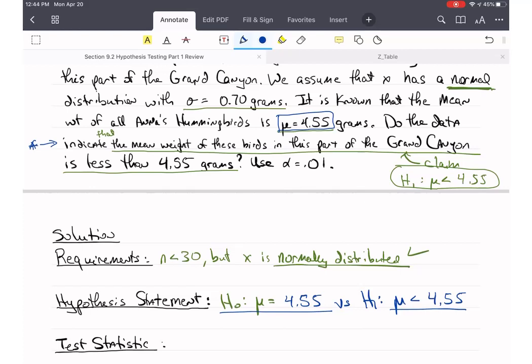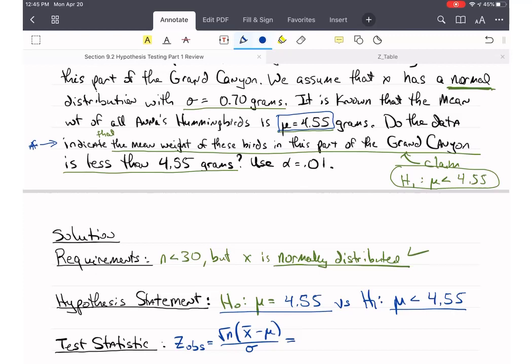Test statistic: since we know sigma, it's going to be z observed is equal to, and again, you can use either one. I'm going to use square root of n times x bar minus mu over sigma. That way I don't have a fraction in the denominator, which I have to be careful with in my calculator, or calculate it separately and then type in a bunch of digits.